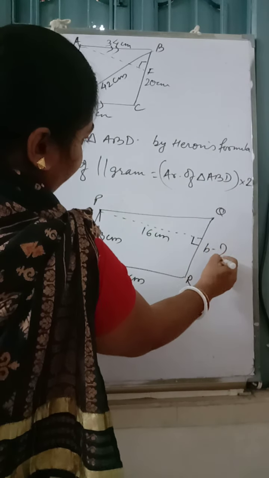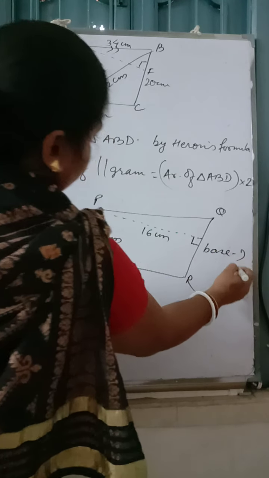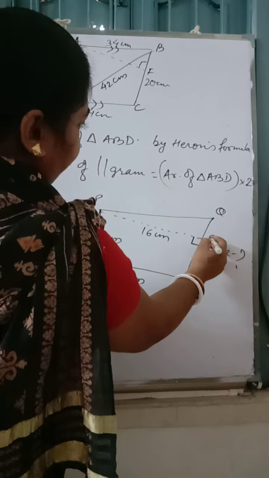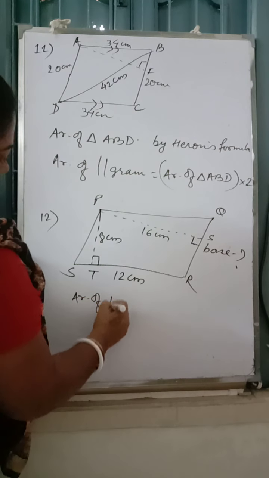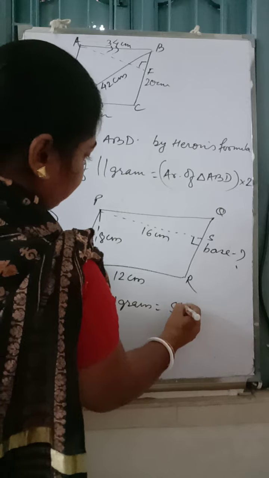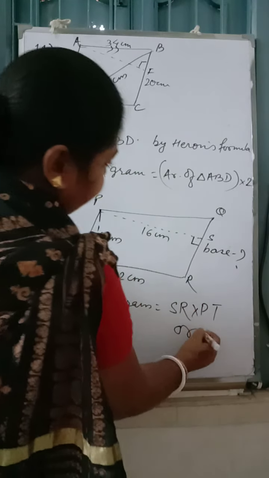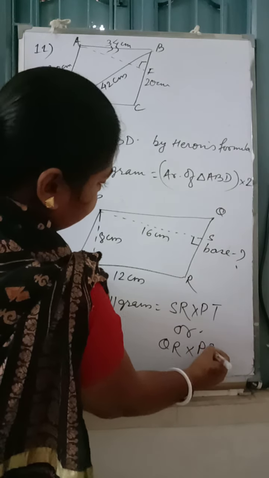What will be the base you have to find? So what can we write? The area of the parallelogram is equal to SR into PT, or it can be QR into PS.